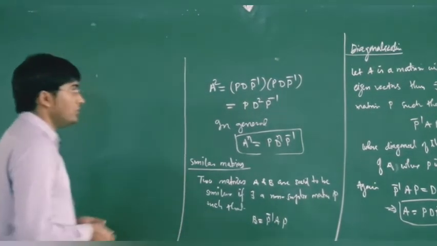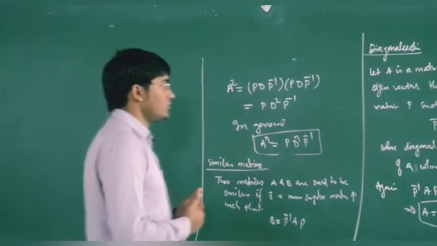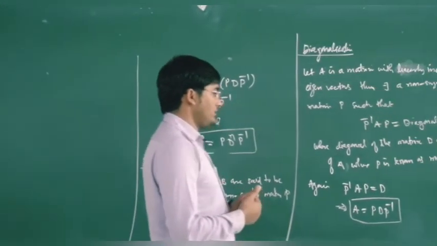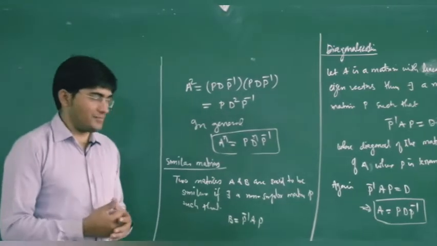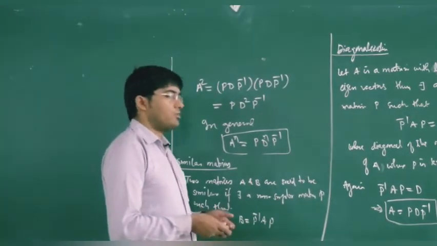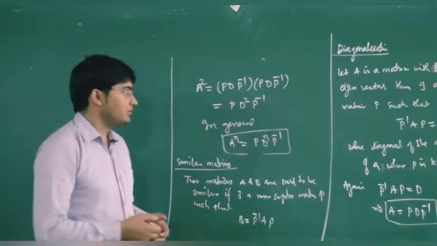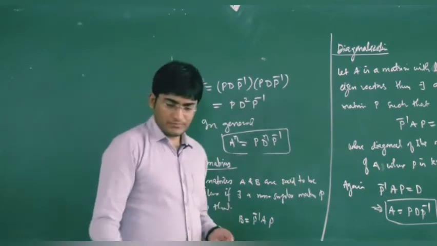Okay, now let us discuss a question, and we will try to diagonalize the matrix A, and then we will try to find out the higher power of a matrix.